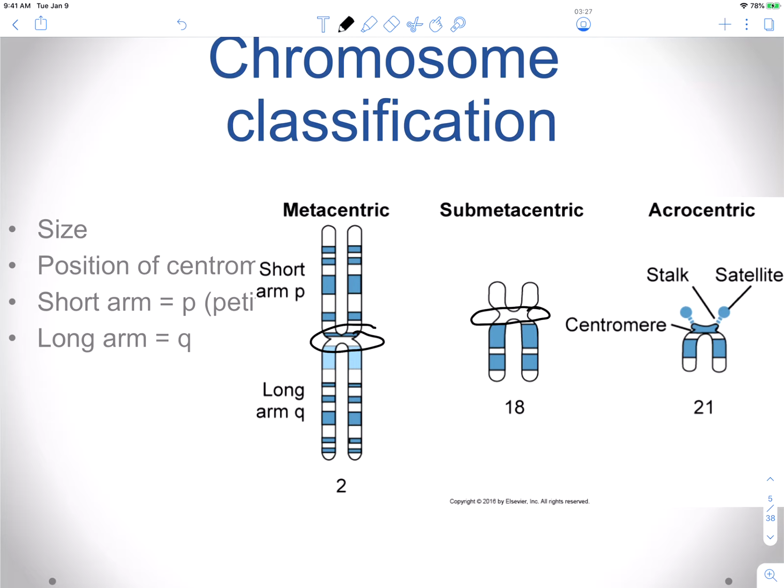Other reasons to analyze chromosomes are if you have a patient who has a baby that is born dead, so stillbirth, or a neonatal death. This will provide information to the couple about whether this was a spontaneous occurrence or whether future pregnancies will be affected.